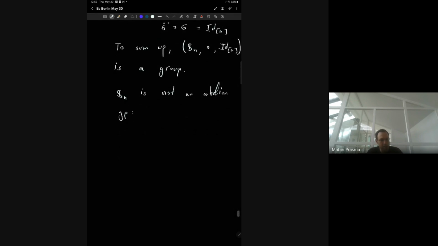So to see why, let me represent a permutation in Sn. For example, let's take n equal 3. But this is true for general n. I represent a permutation by this kind of matrix that says where I map each element.